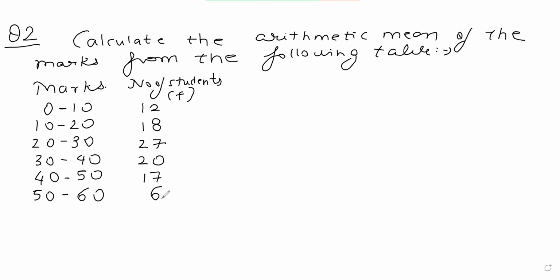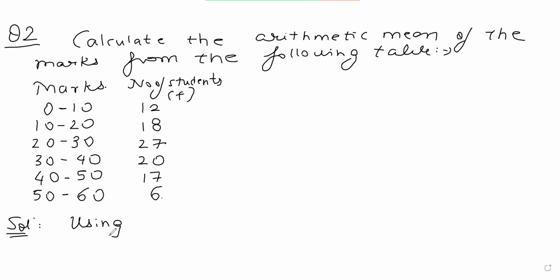Okay, so let's calculate the arithmetic mean. Now, first of all, one method to calculate it is the assumed mean method. Usually when we do statistics at high school level, we use the assumed mean method. That's the easiest method to solve a problem like this. So, what is the formula?